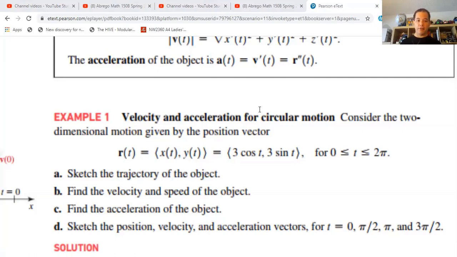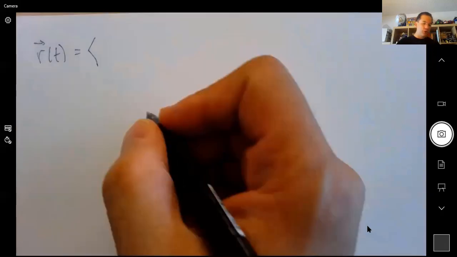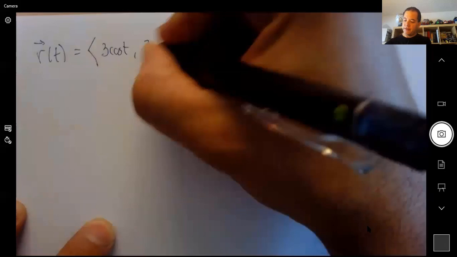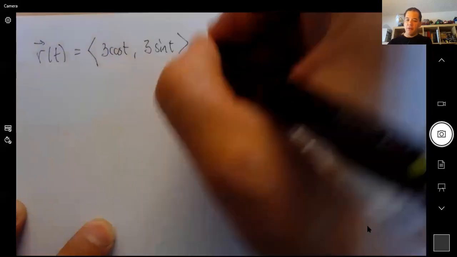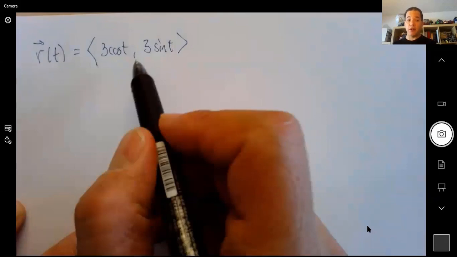So let's go to the page. So first, here is our r of t. So the x component is 3 cosine t, y component 3 sine of t. And remember, we already learned about these types of equations, right?